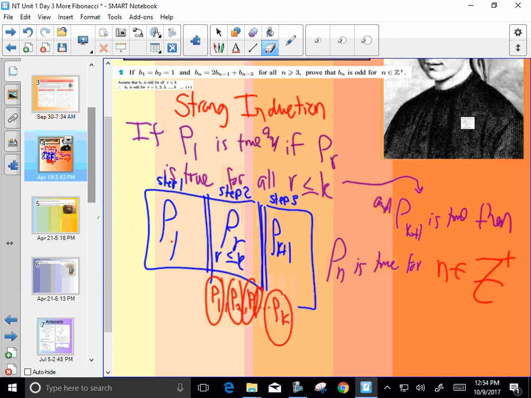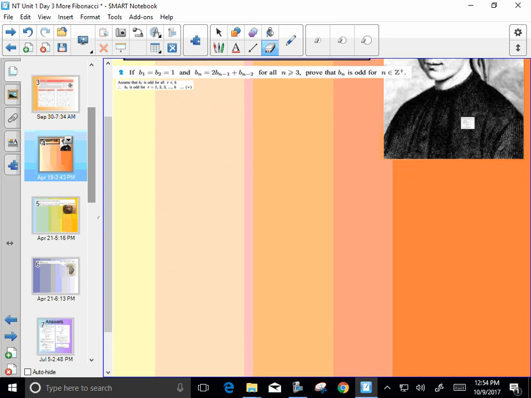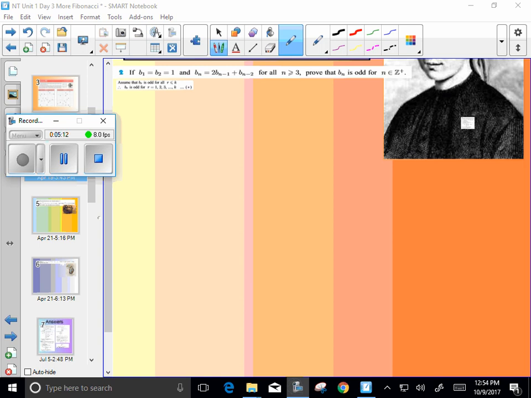Okay, so help me out so that I keep these letters straight, because that's what I had trouble with before. So you'll need to prove for R equal to 1, 2, 3, and K, right? Not just K. Great. So now let's look at number 2. We're going to restate what they have.